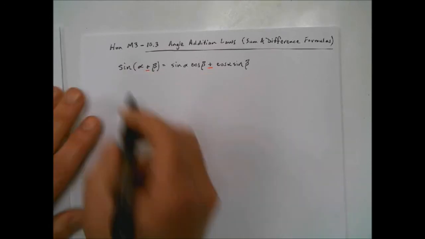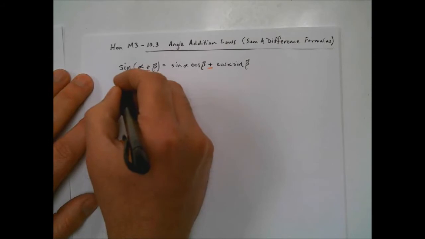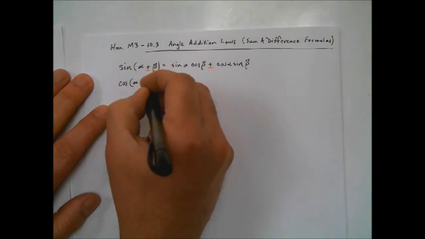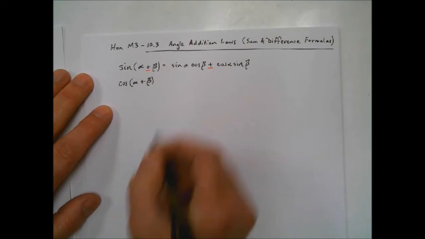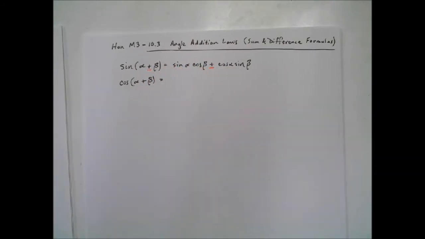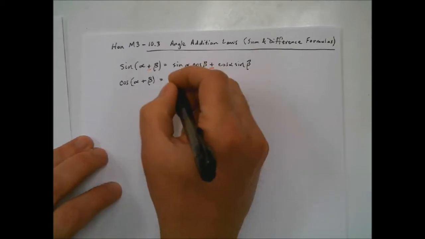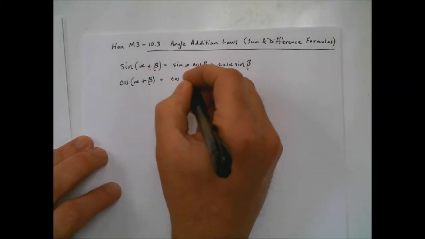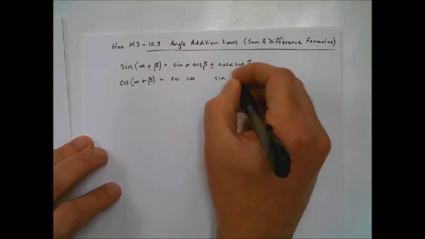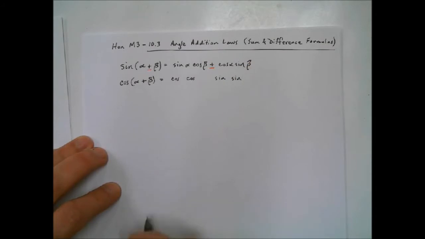Okay, so next we have cosine of alpha plus beta. And again, it's just kind of how it sounds, and the way it goes, it's cos cos, sine sine. So cosine cosine, sine sine.